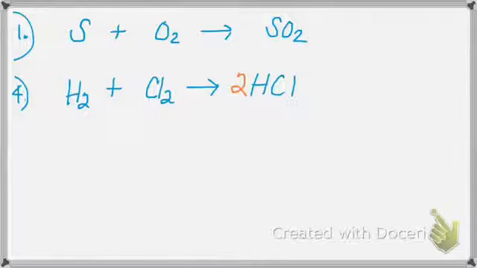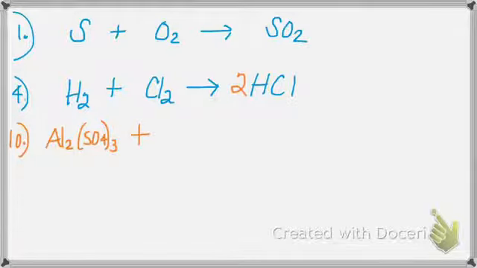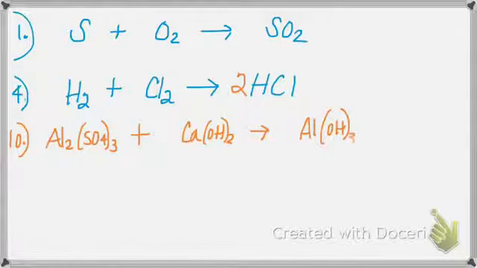Okay. So now let's do number 10, which says aluminum sulfate. So aluminum sulfate is going to be Al2SO4 plus, and try to leave yourself room for putting your coefficients, plus calcium hydroxide, which is CaOH2, yields aluminum hydroxide plus calcium sulfate.